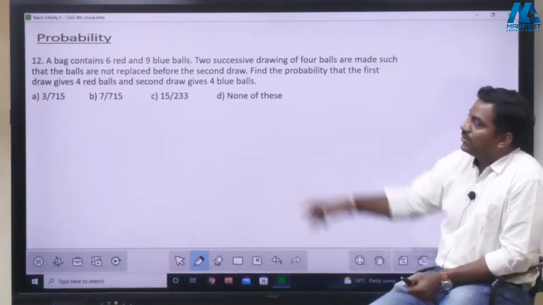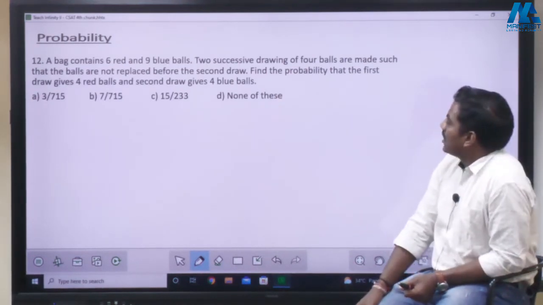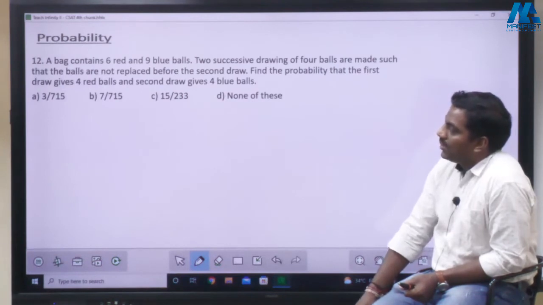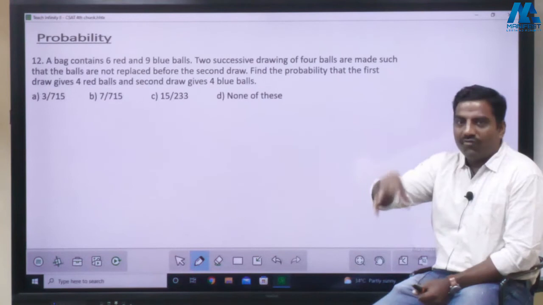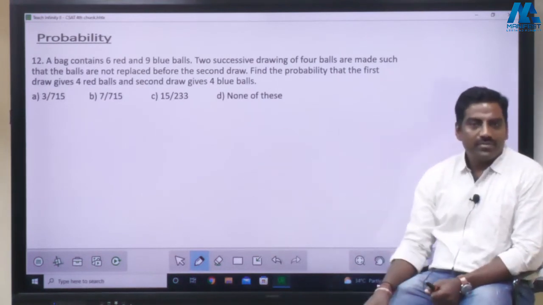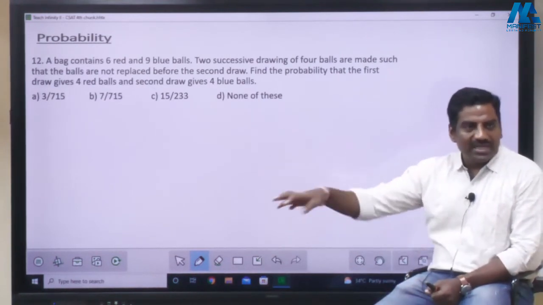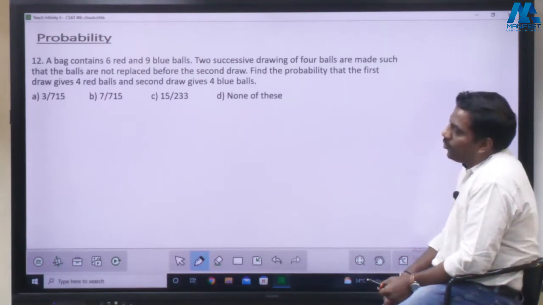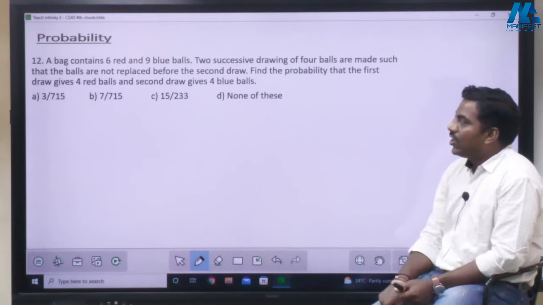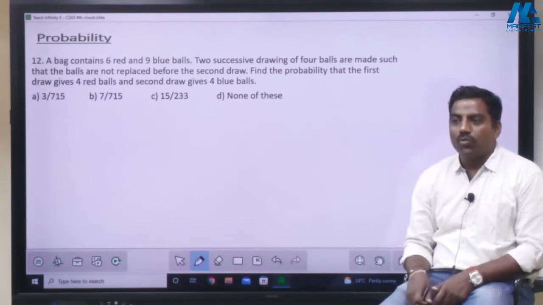And they want what? Draws are made such that the balls are not replaced before the second draw. That means if you draw 4 balls, you have to keep them aside. Find the probability that the first draw gives 4 red balls and the second draw gives 4 blue balls.